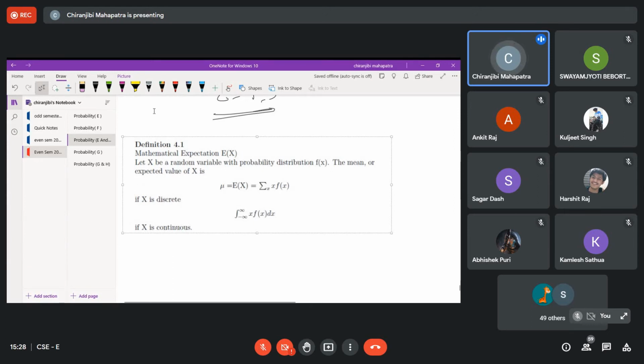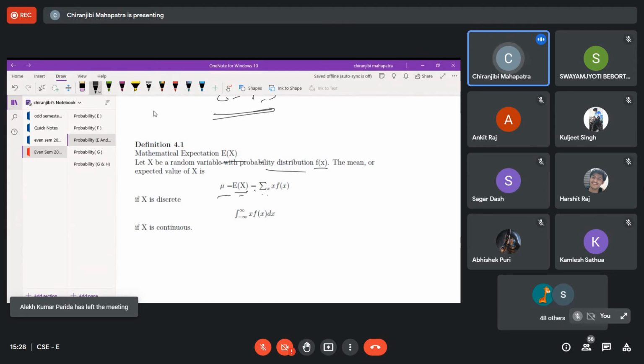So mathematical expectation of x: let x be a random variable with a probability distribution fx, and the mean or expected value of x, that is equals to mu, that is equals to expectation of x, is equals to summation over all values of x of x into f of x.